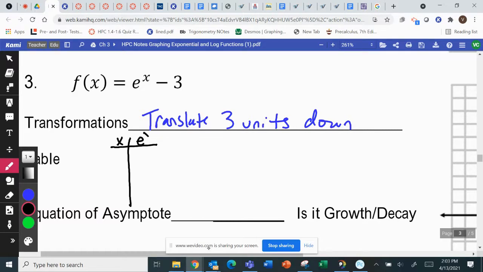So I'm just going to use e to the x as my base. I'm going to do -1, 0, 1 for my x's, y equals 0 for my y's. Now, we haven't done e to the -1 that I can remember yet, but when you plug it in your calculator and you find e to the -1, it's approximately 0.4.